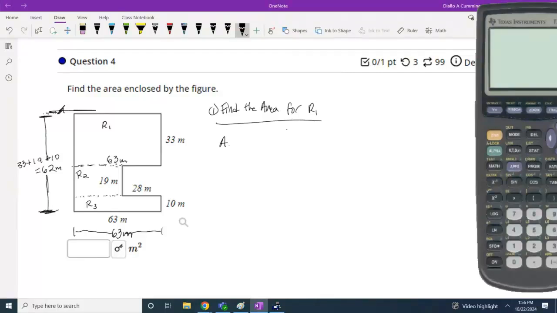So the area for rectangle 1 is equal to the length times the width. The length is 63, the width is 33. If you multiply all those together, you should get 2,079 square meters for the area of the first rectangle.